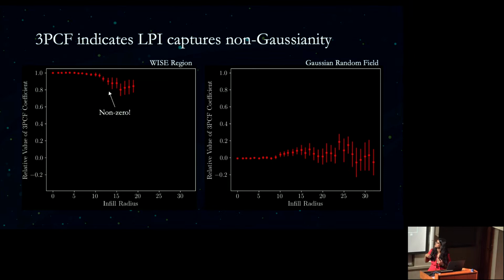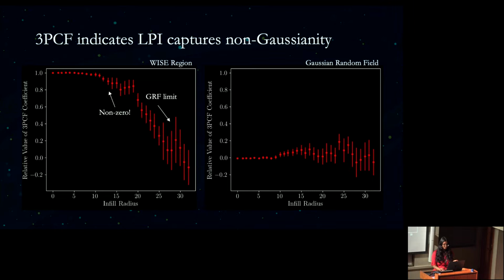And you see that it holds true for both the small radii limit that I was talking about as well as the intermediate regime. So our infills are actually picking up on the structure that I was mentioning in the filaments. And then for the Gaussian random field, you can clearly see that the value is pinned at 0 because it's not capturing that same filamentary structure.